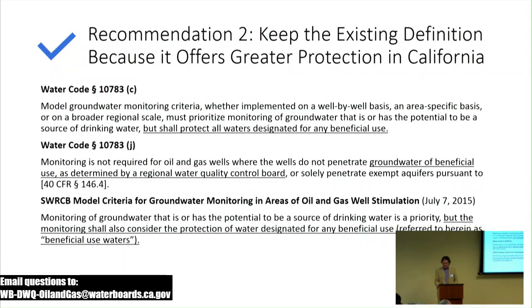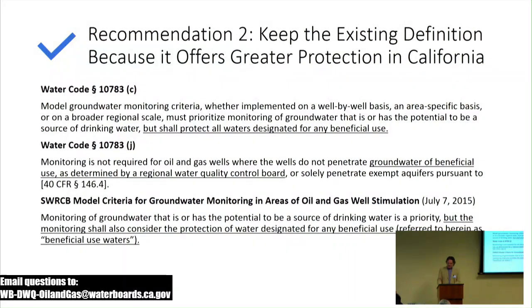And we're no longer talking about 1970s practices, but today's practices. So my recommendation 2 is to keep the definition of protected waters unchanged because it offers greater protection in California than the pure EPA interpretation of the definition.